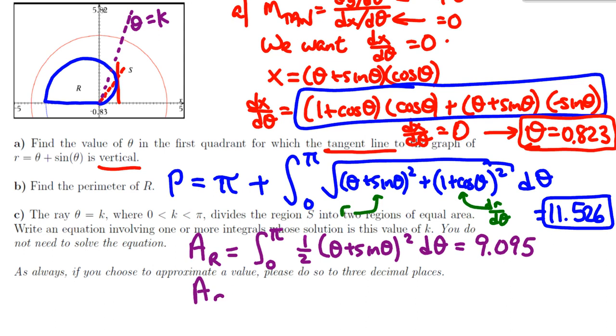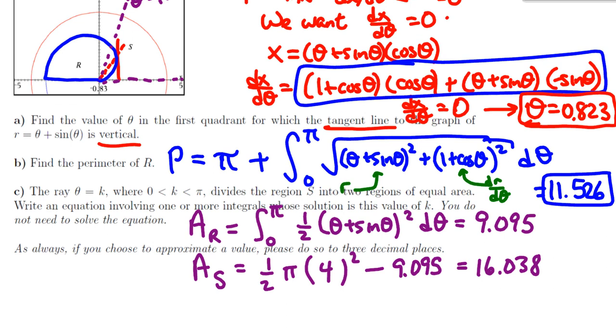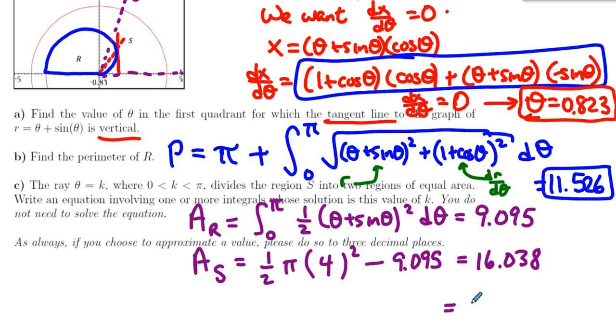So when we're looking for the area of S, well, S is a semicircle whose radius is 4, minus this area from the other part, and that's about 16. So when we do the integral from 0 to k, the integral from 0 to k has to be half of that number.